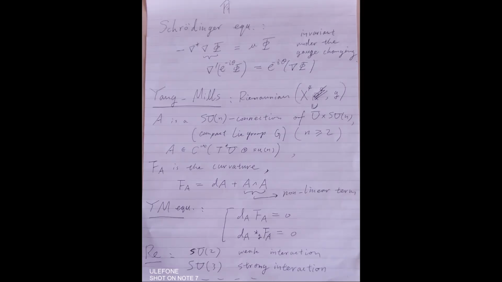When we consider the interaction between this particle and the electromagnetic field, with the particle governed by this Schrödinger equation, we need the whole equation to be invariant under the gauge change, so we need this derivative to be a covariant derivative, changed this way. So that's the reason we want to interpret the Maxwell equation for the forms as a curvature of a connection which also satisfies the Maxwell equation.